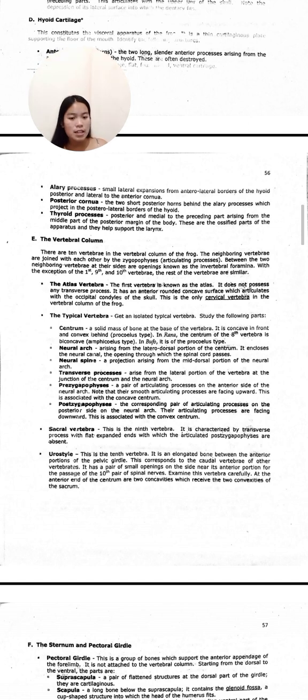So next is the vertebral column. So the vertebral column is, in my research, the bone, muscles, tendons, and other tissues that reach from the base of the skull to the tailbone.